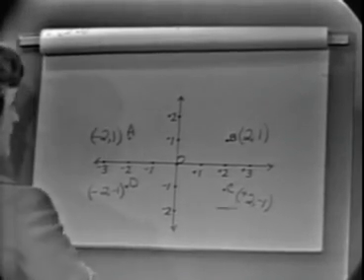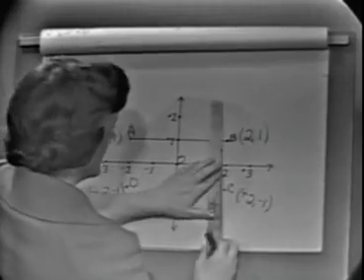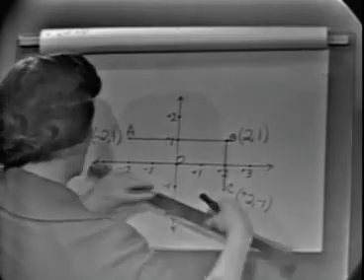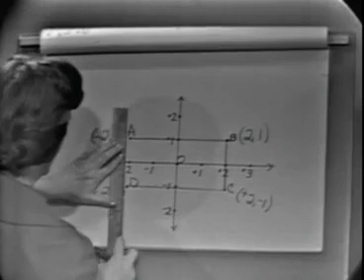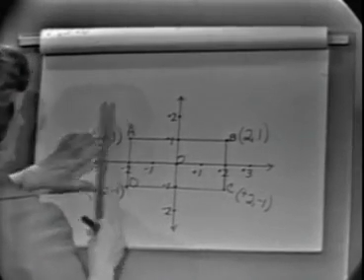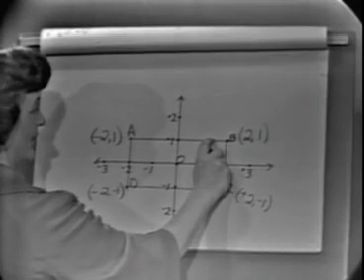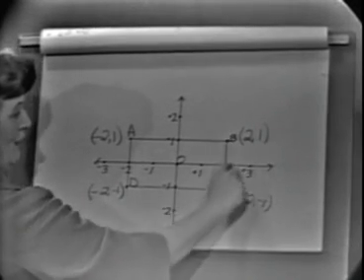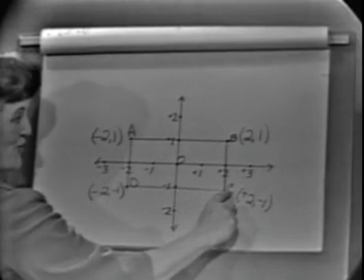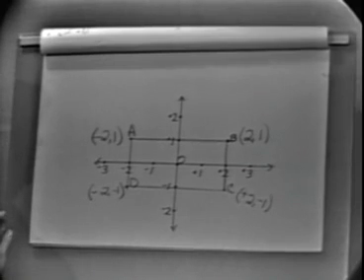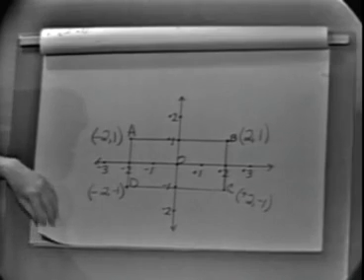Now, let us draw line segments AB, BC, DC, and AD. We see we have a figure here, the rectangle. The measure of this side, 2. The measure of this side, 4. The measure of this side, 2. The area, 4 times 2, or 8 square units.